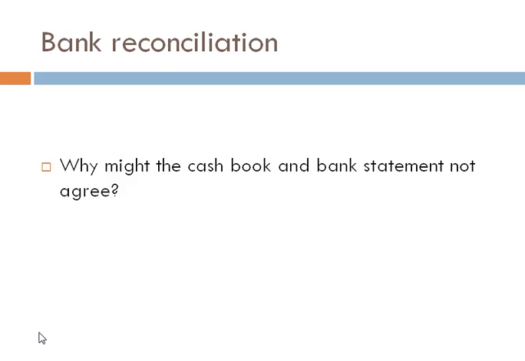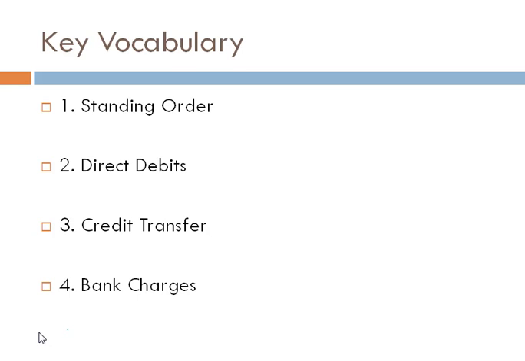So some of the reasons why the cash book and the bank statement might not agree might be to do with some of these things up here. We were talking about the standing orders, direct debits, credit transfers, and bank charges.